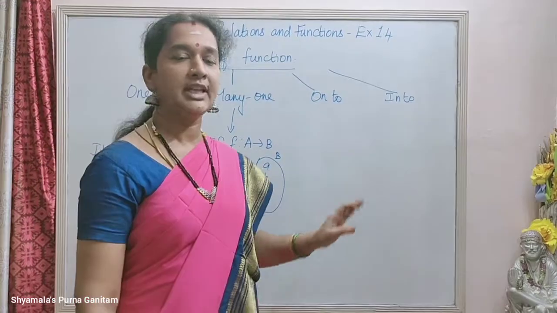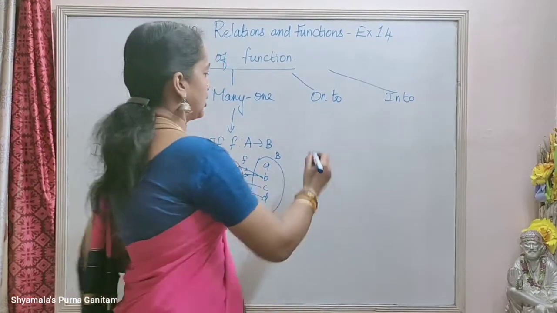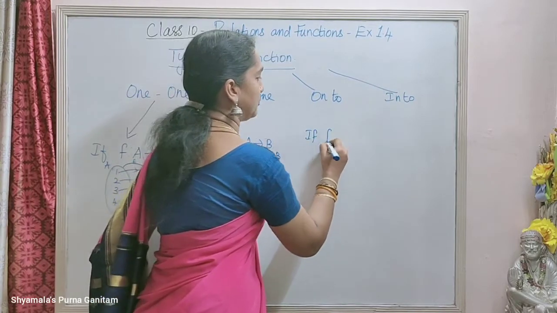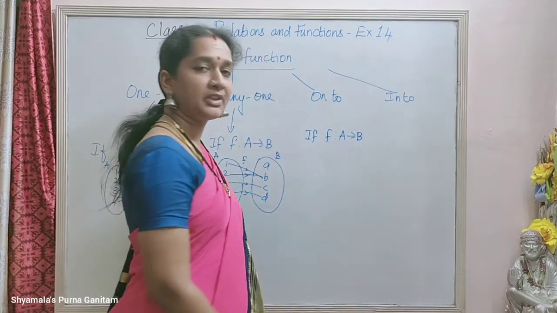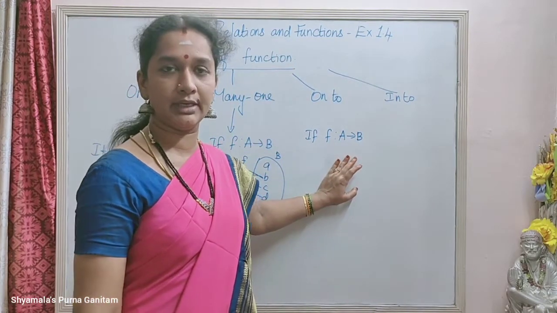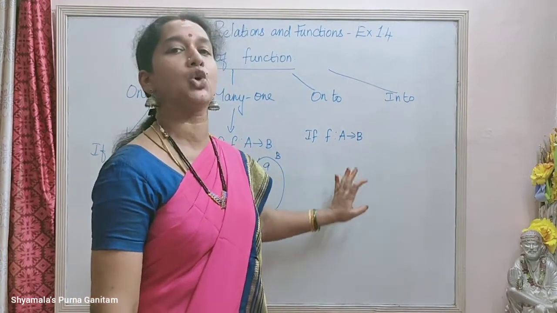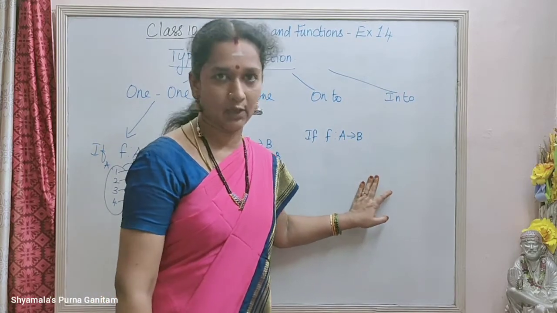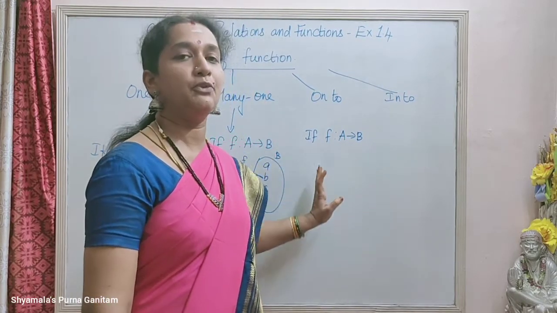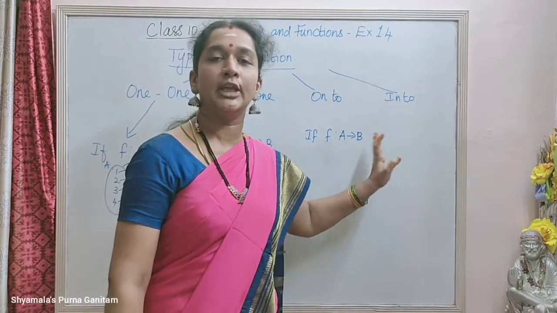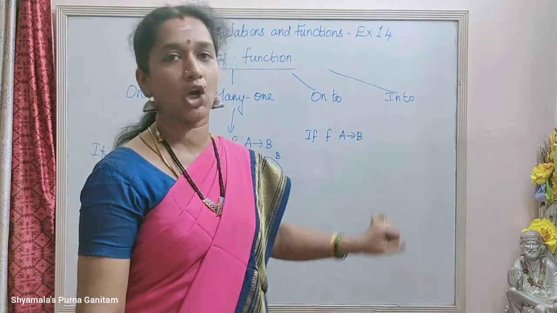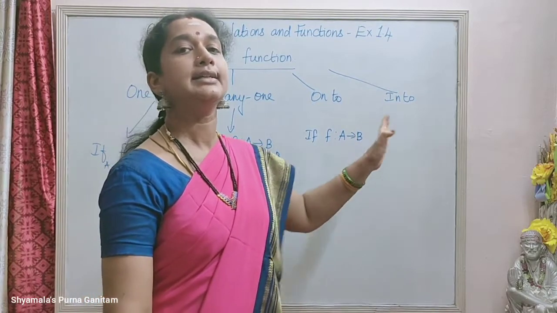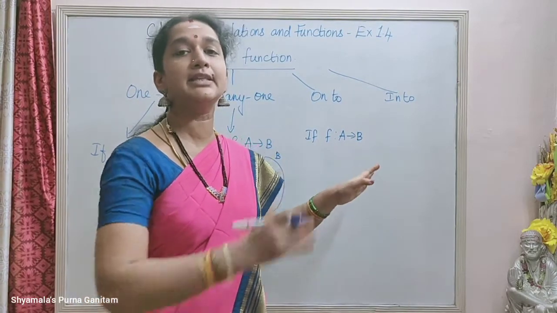Okay. Next one is onto. Onto is defined as: if f is a function from A to B, the range and the codomain should be equal. What is range? The elements in the next set that are connected with some function, that is called the range. Codomain is the set of all elements in the second set.